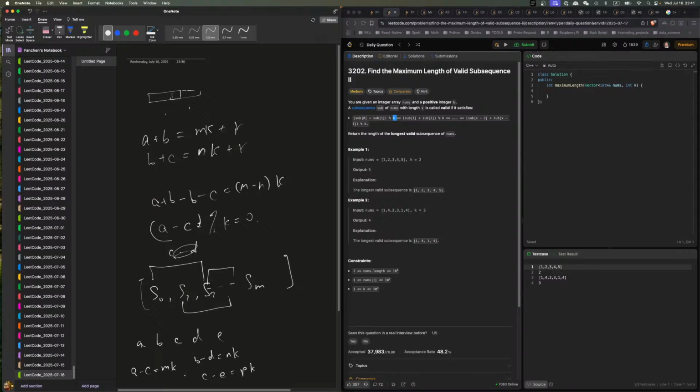Well, B and D are skipped, so AC will never interact with B and D, right? So it's skipped. So essentially, you're still finding one list of numbers.